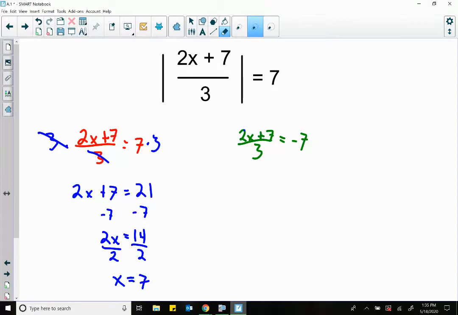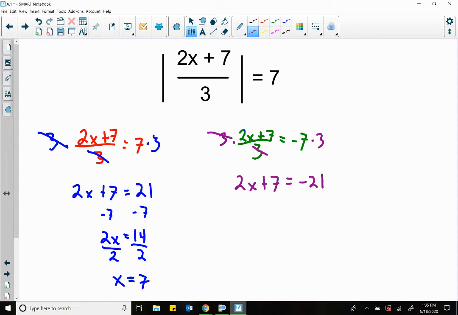Over here, it's pretty much the same operations. The only thing that's changed is the negative 7. So since we cleared the fraction over here, we're going to do that again over here. We're going to multiply by 3 and clear that fraction out. So that gives me 2x plus 7, because the 3's canceled, equal to negative 21.